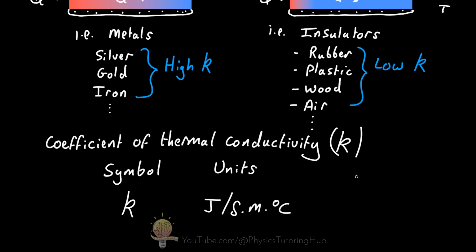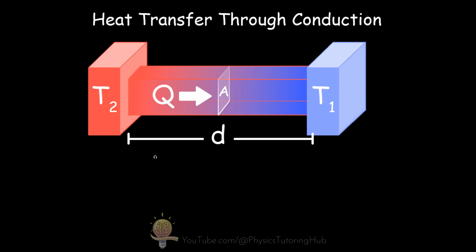But we also have three other factors that affect the rate at which heat is transferred through a slab of material. So let's introduce this diagram here so we can visualize what these other factors may be.